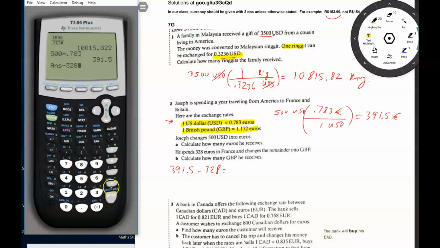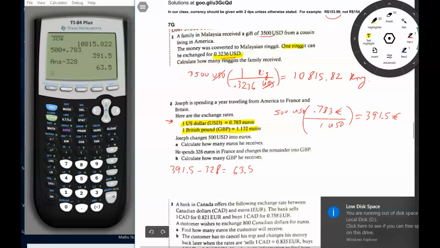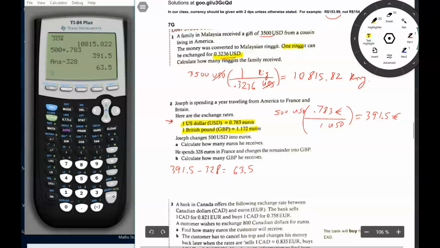And the answer is 63.5. That is what's left over after he spends 328 euros in France. Okay. And this is euros.